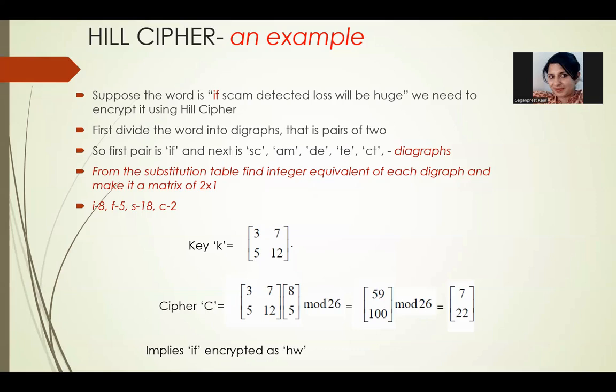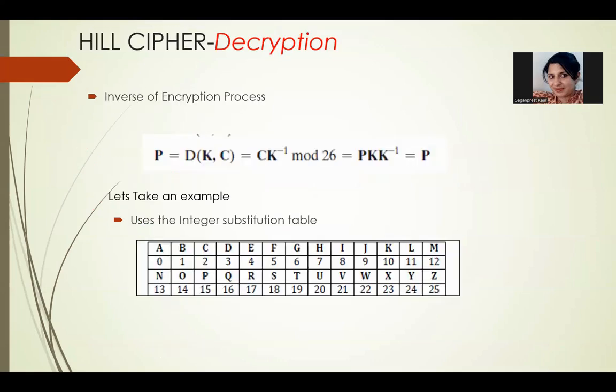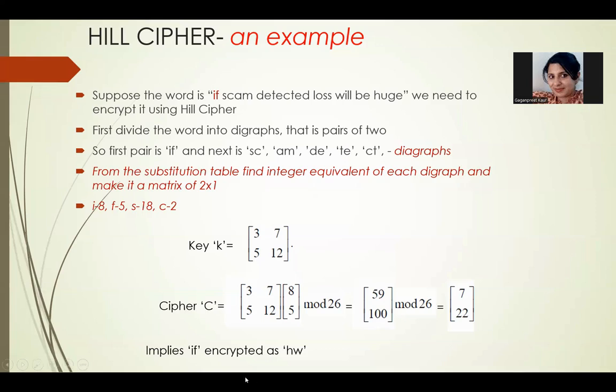That is, these are the encrypted values for my original plain text characters IF. So let's see from the substitution table, 7 stands for H and 22 for W. So this means IF is now encrypted as HW, which makes it an unintelligible message.